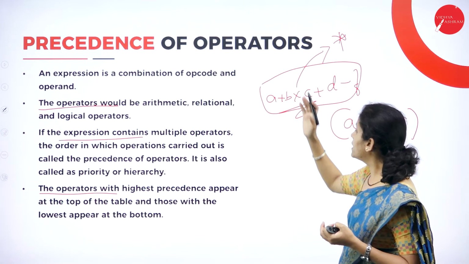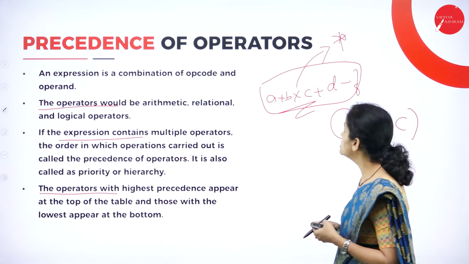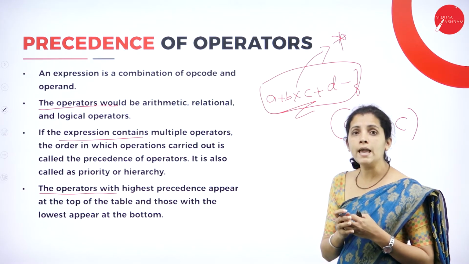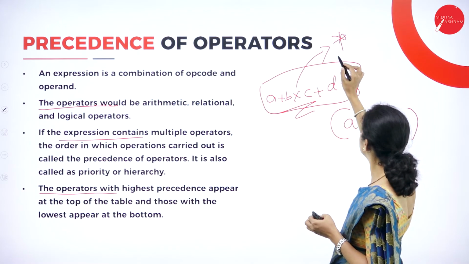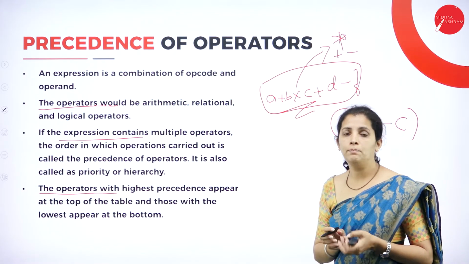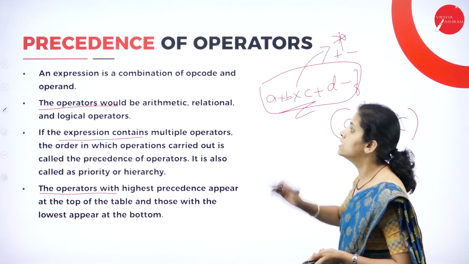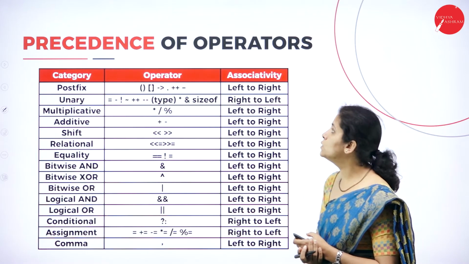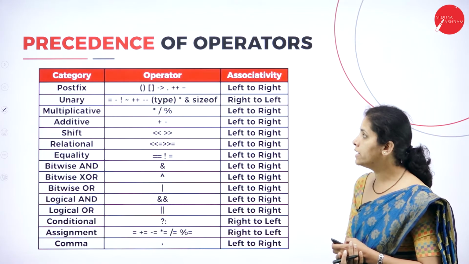And if I consider the next operators, that is plus and minus, they will have the same precedence. For that reason, in the next line, I'm going to get plus and minus. Now I'm going to have the table which is related to the precedence of operators.